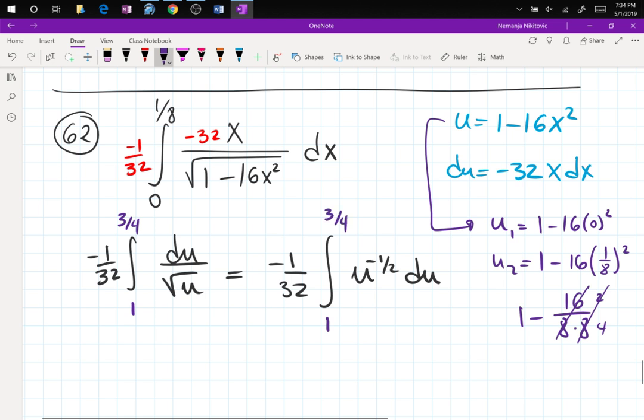What can you tell me about these limits? What can you tell me about the limits when you look at them? You start from the smaller value.